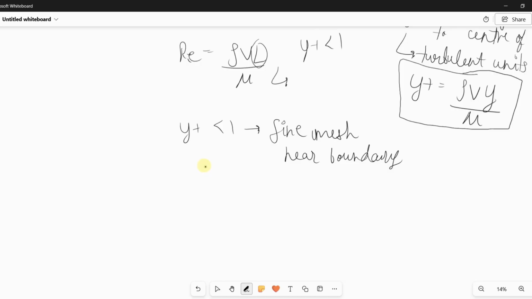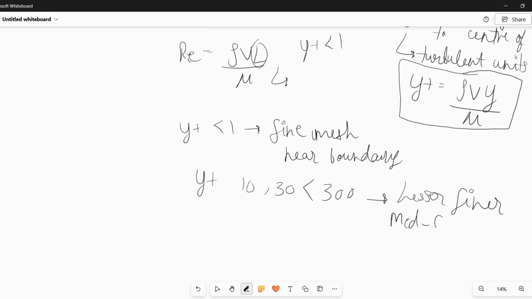And when y plus is around, let's say, 30 to 300, it means you have a less fine, medium or coarse mesh. So my y plus determines how fine the mesh is, and that's why y plus is one of the most important terms in meshing. So hopefully that is understood.